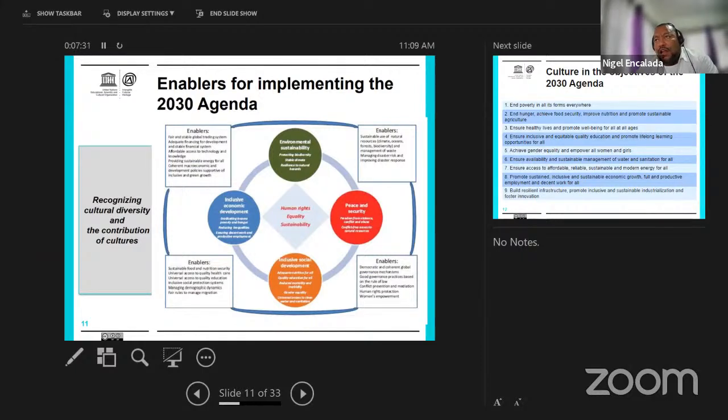And at the center of all of it is to enable environmental sustainability for future generations, inclusive economic development for current generations, inclusive social development for current and future generations, and for peace and security. All right.